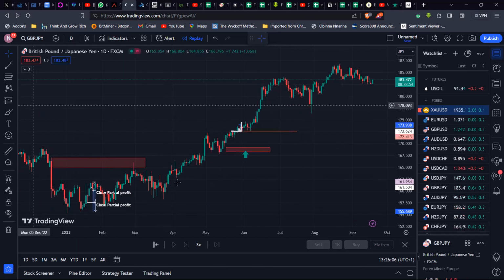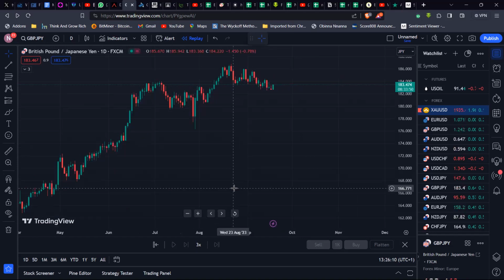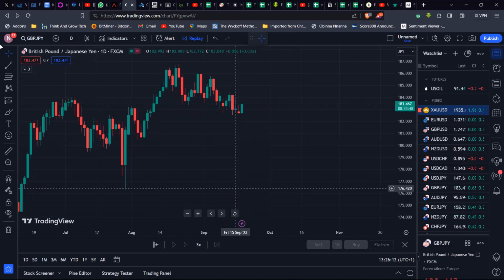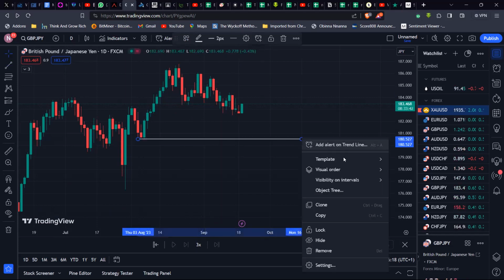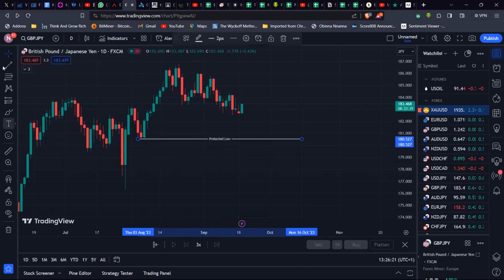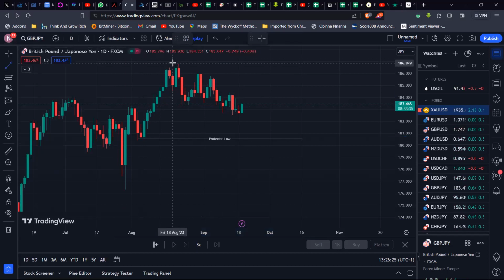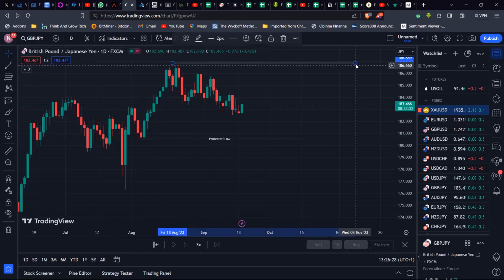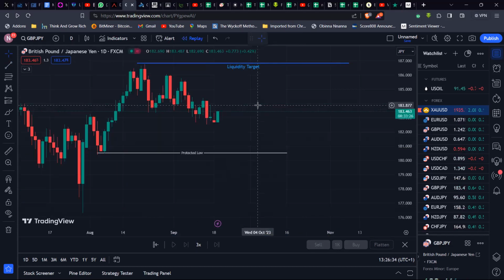Let me clear this. Okay, so we've been bullish, we're still bullish. We are low, and that would be high. Targets. So it's about figuring out how to get there.